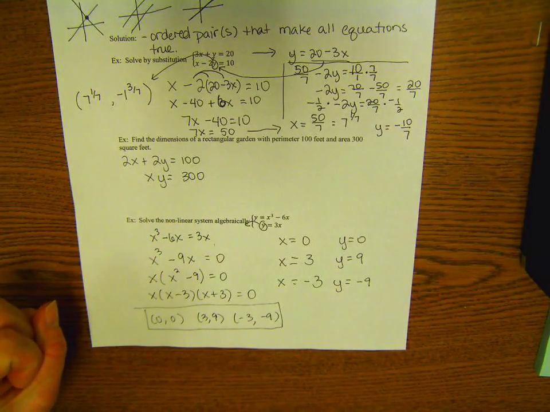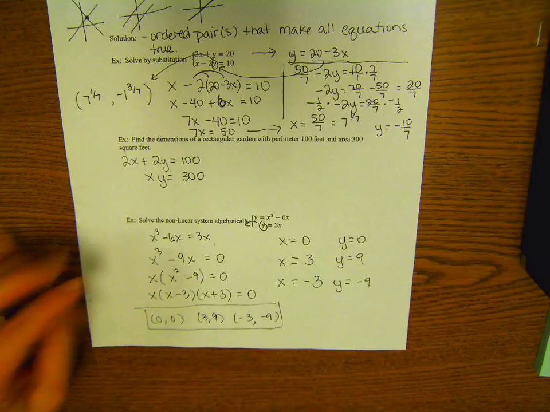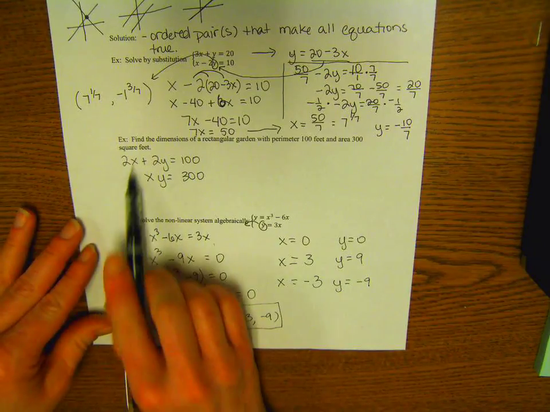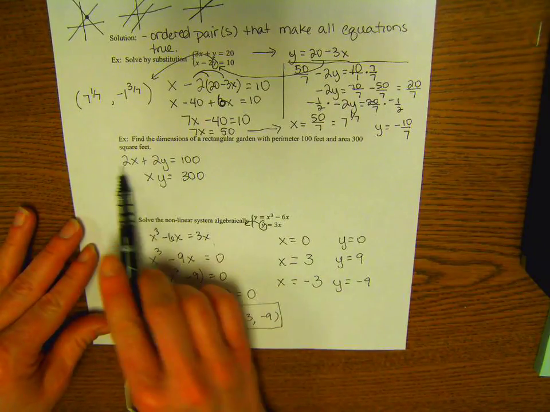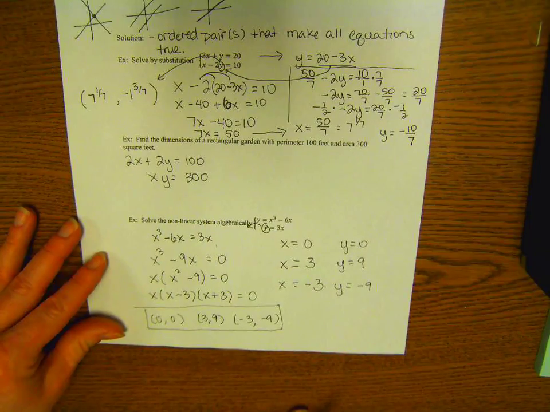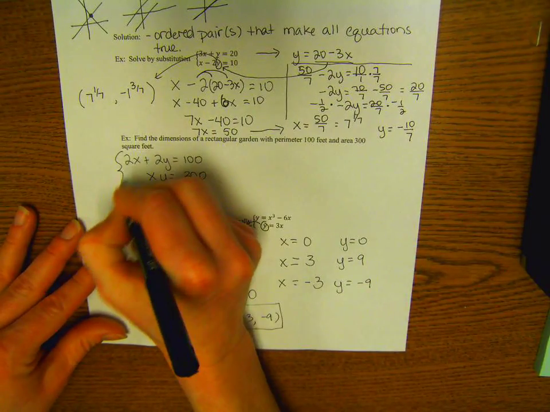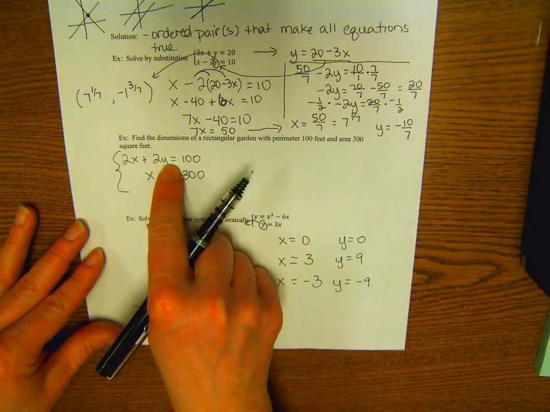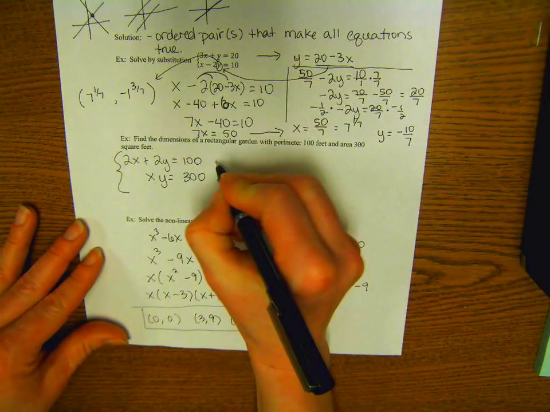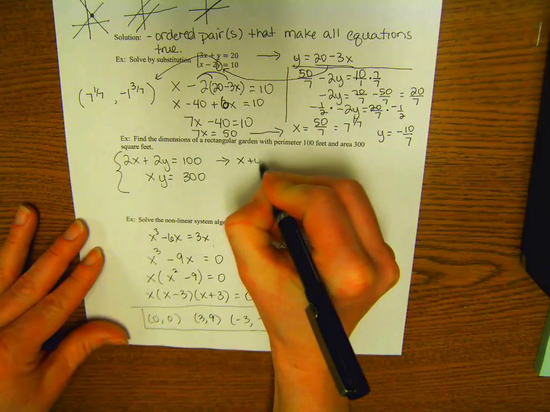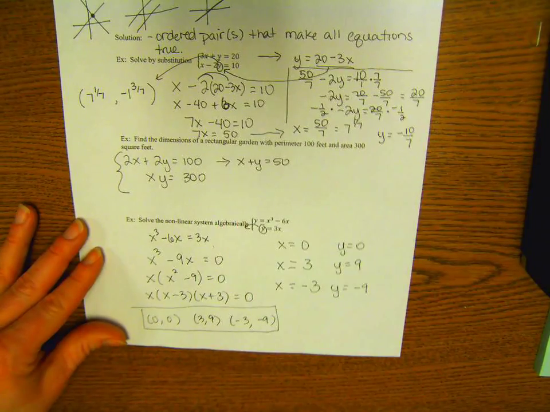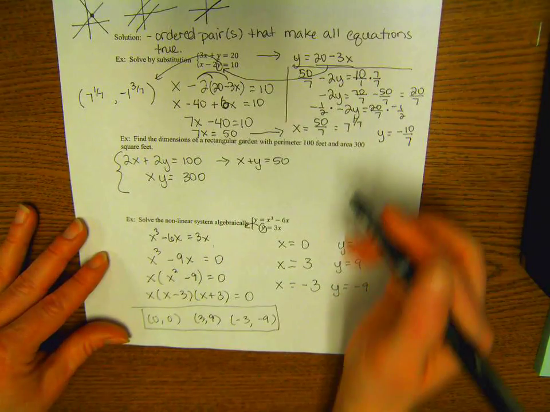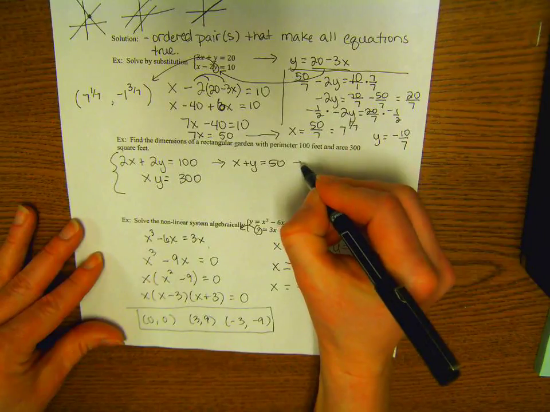So I'm going to take the top equation and divide both sides by 2. I'm going to use some substitution here. This is my system. Wouldn't I get x plus y equals 50 if I divided both sides by 2? And then further, if I was trying to get one variable alone, we could get y equals 50 minus x.